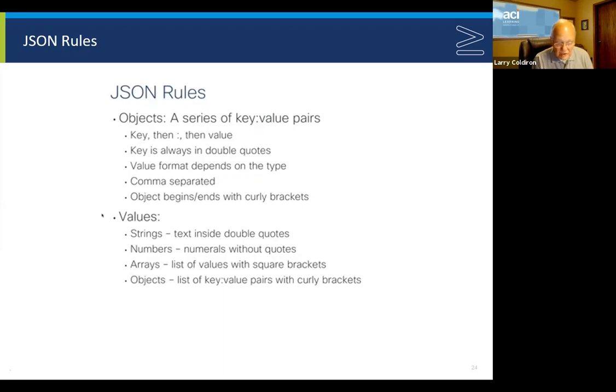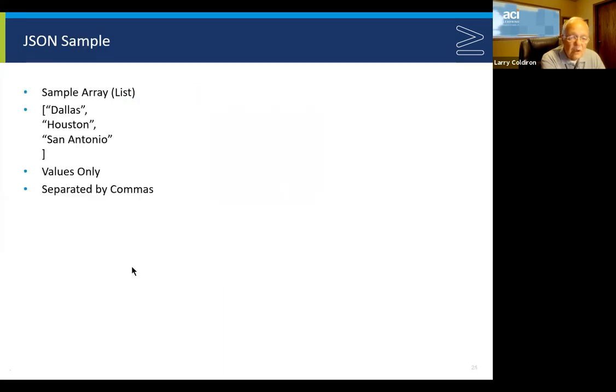An array is just a list. So an array is going to be in square brackets. Objects are going to be in curly brackets. And all of these things are going to be defined with key value pairs that go along with them. So a JSON example here, a sample array list, square brackets. The array here, Dallas, Houston, San Antonio, is going to be the array.